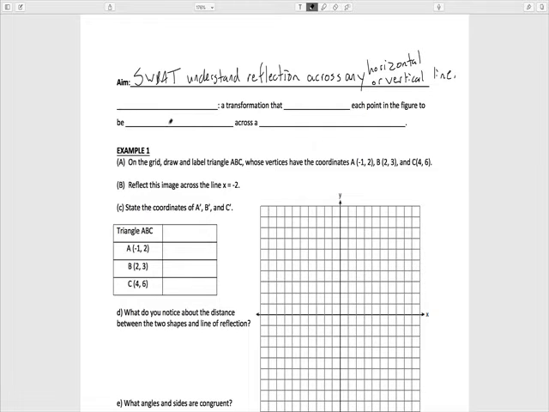So Friday we learned how to flip across X and Y. Today we're learning how to do that from any line that we choose, not just the X or the Y axis.